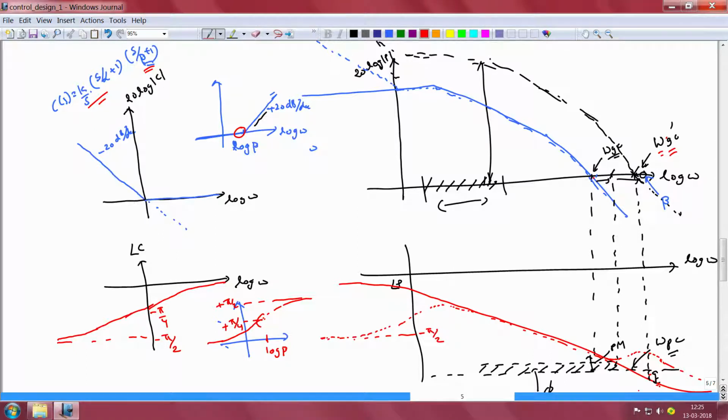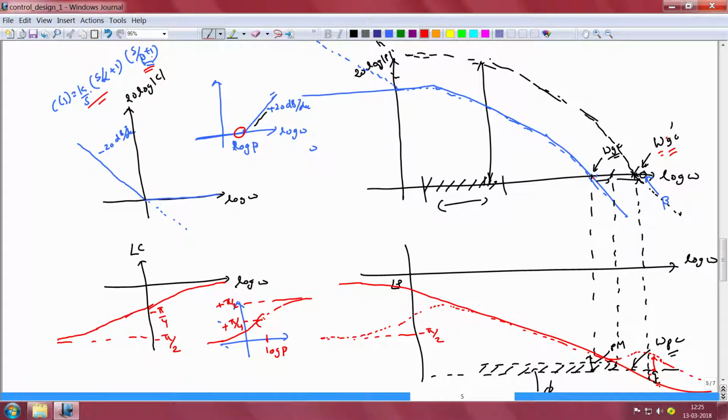However, because we have now added plus 45 degrees by introducing this term s by beta plus 1 in the controller, we see that the phase lag is now less than 180 degrees, and therefore we have a finite phase margin, and our closed loop system has been rescued from instability and is now a stable closed loop system.